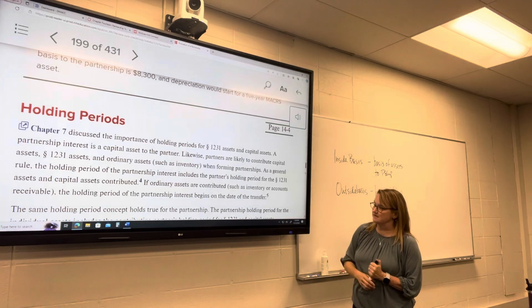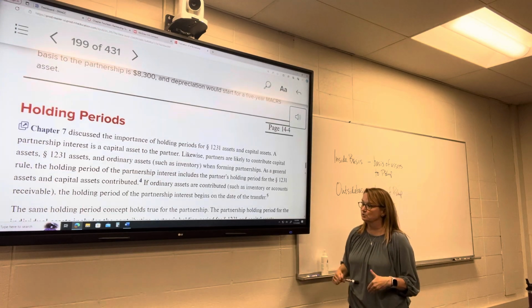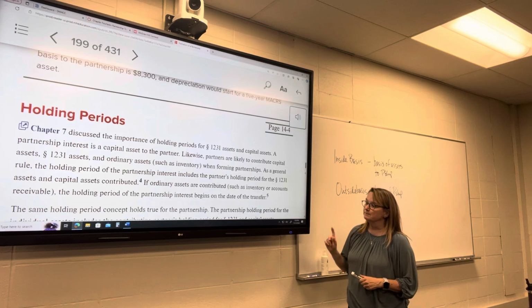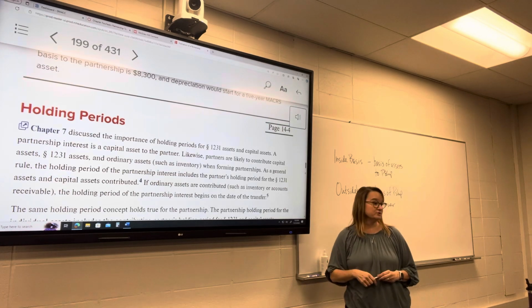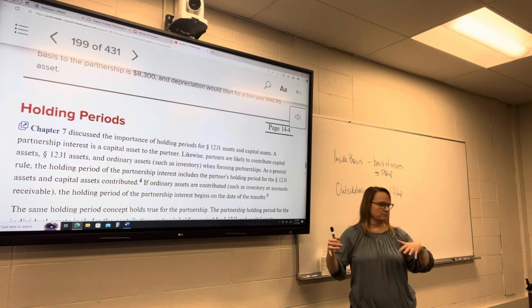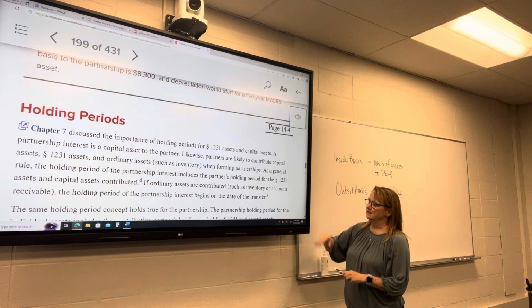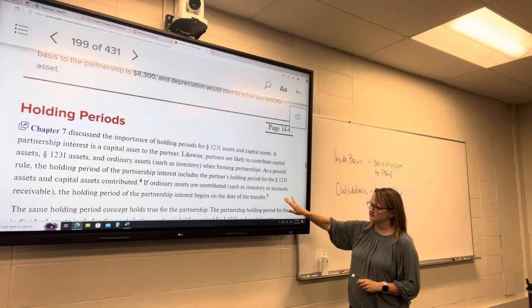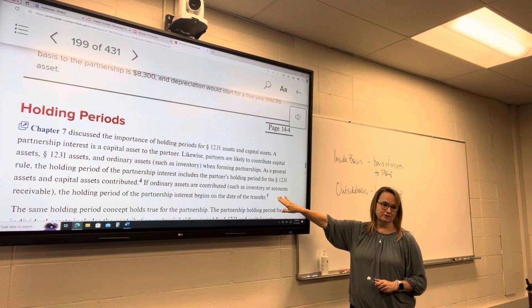If ordinary assets are contributed, like inventory, accounts receivable, the holding period begins on the date of transfer, so it's going to be a short-term holding period for those. It's as though they just went out and bought it, right? So if it's ordinary assets, it's going to start on the date of transfer.